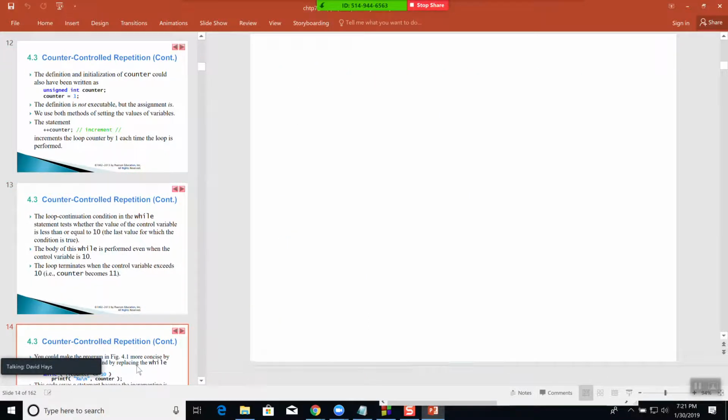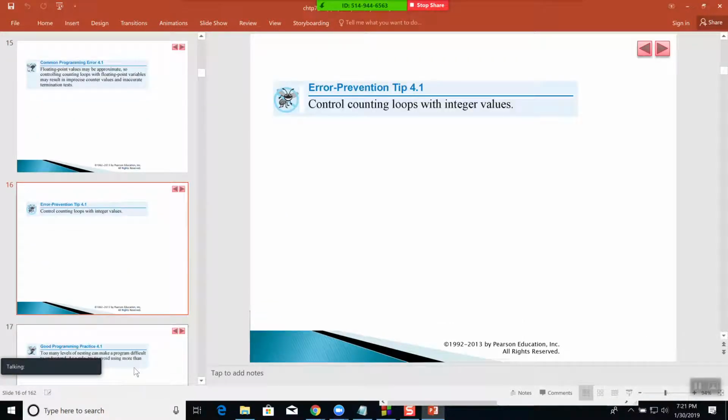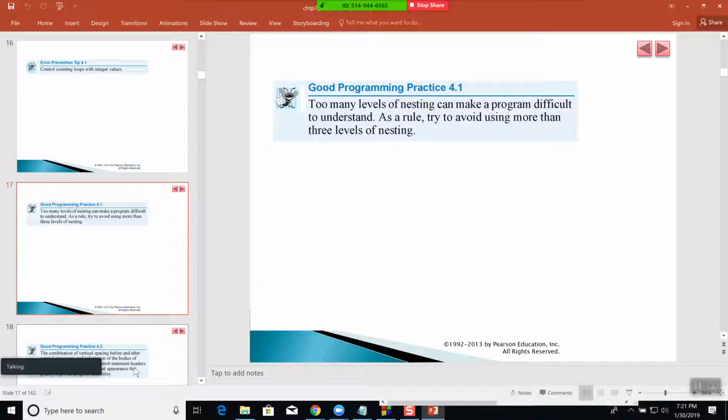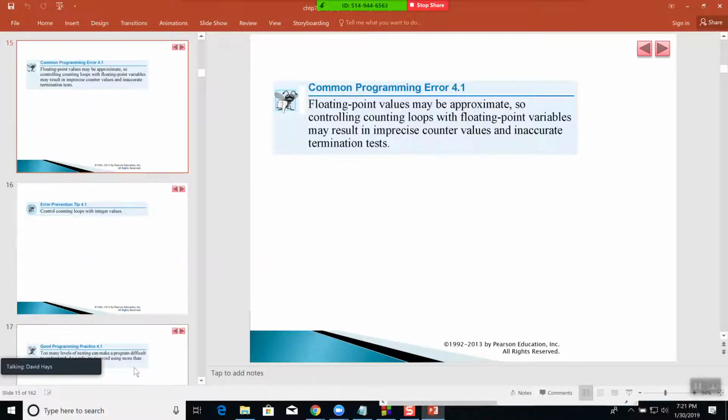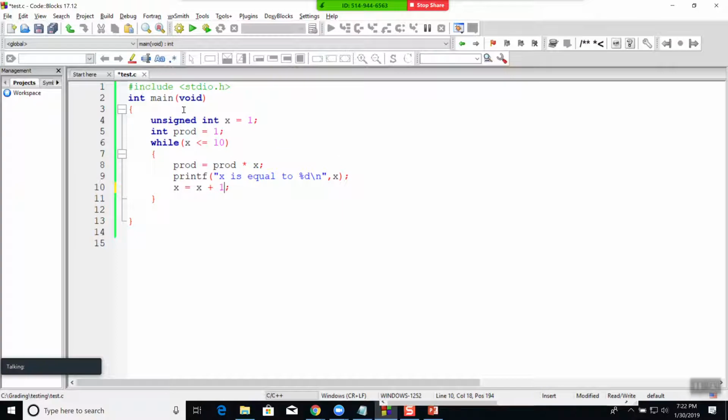Let's see. Skip over this. Oh, good programming. Let me talk about those. Common programming error: floating point values may be approximate, so controlling counting loops with floating point variables may result in imprecise counter values and inaccurate termination tests. What they're saying here is you do not want to declare x as a float.